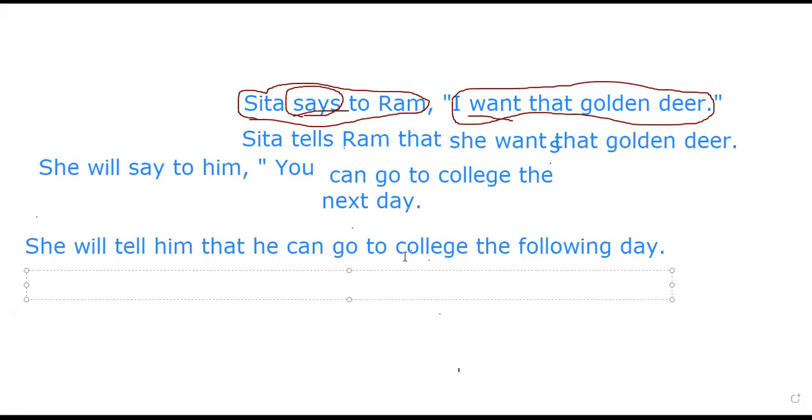Your first internal exam of second semester will happen in February after 15th February. Okay, you will get a notice within a few days. It may happen in online mode even, but if your second semester exam happens in offline mode, then you will get questions related to voice, direct, indirect speech, etc. So you must know how to solve them.